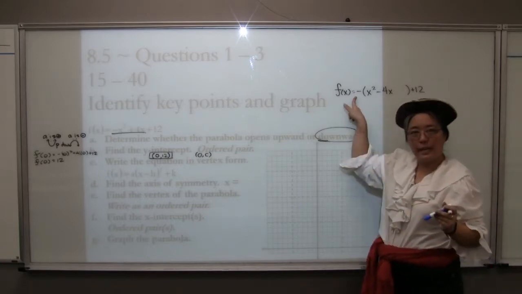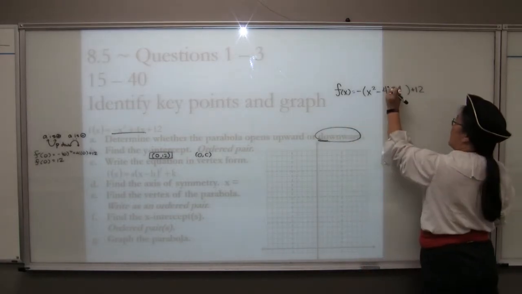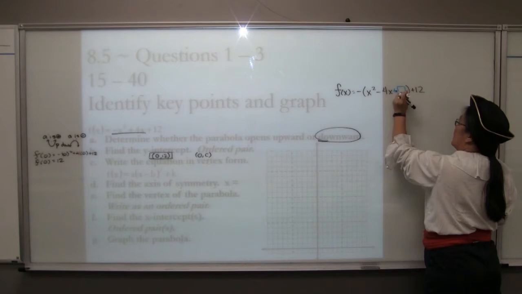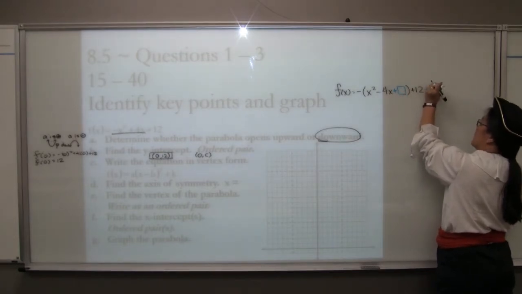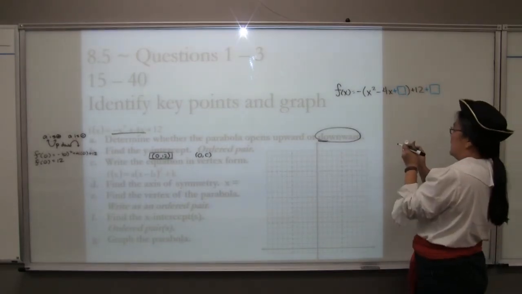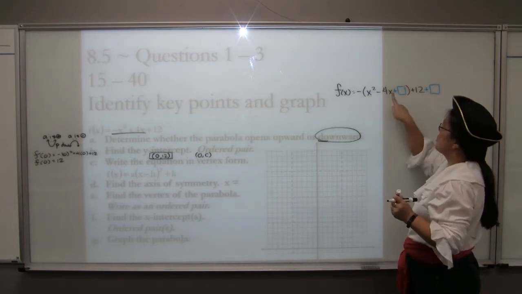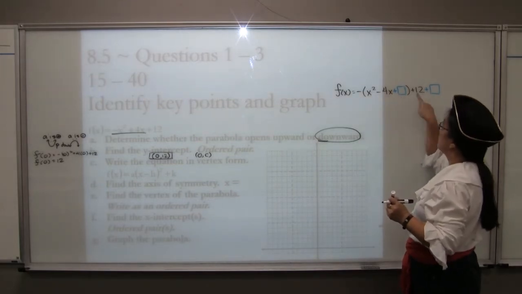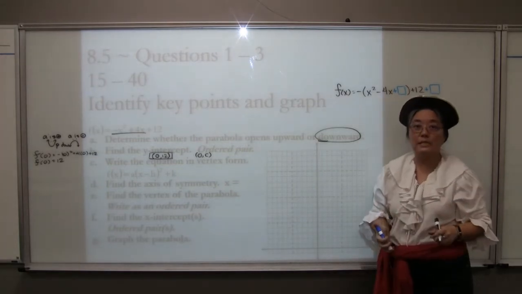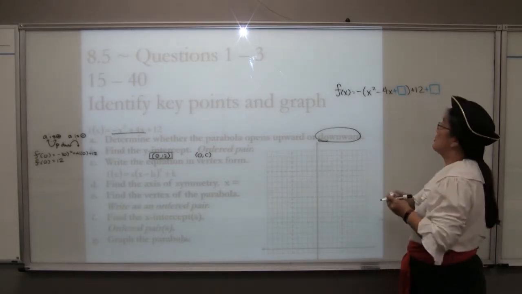Remember when we have this negative here, that we're going to have a plus box and a plus box. Normally it's a plus box and a minus box, but because of the distributive property, this is actually a minus box and that's a plus box. Please do not actually distribute that.